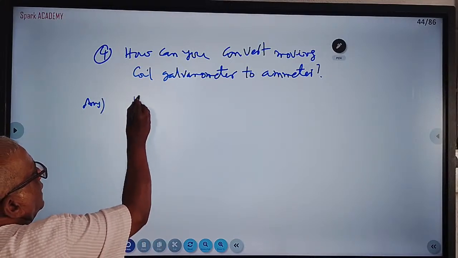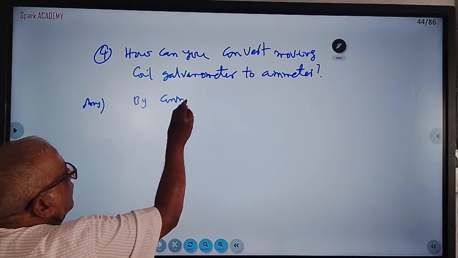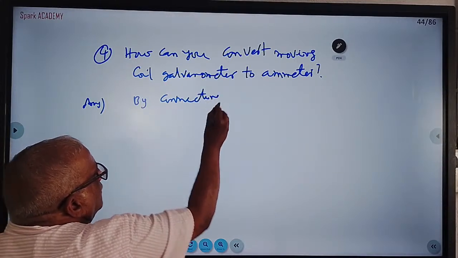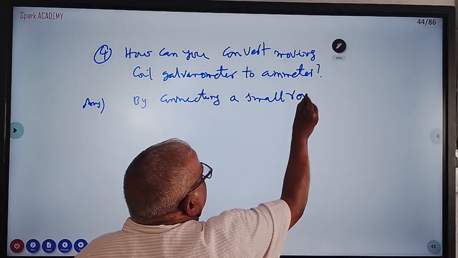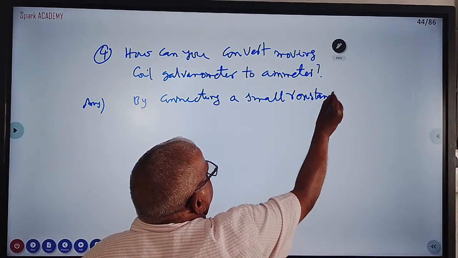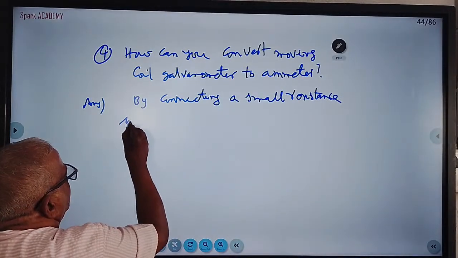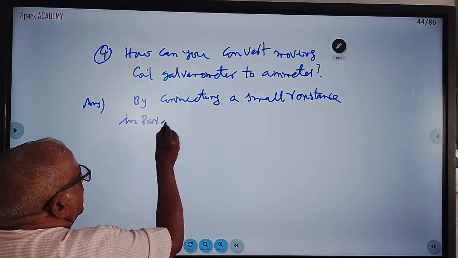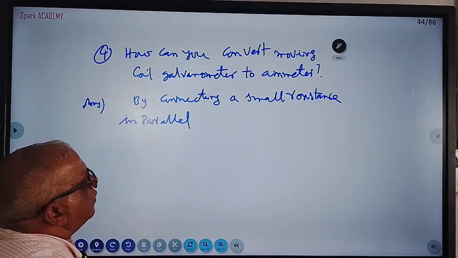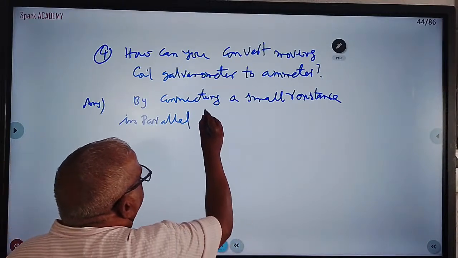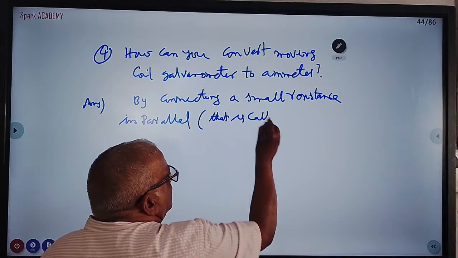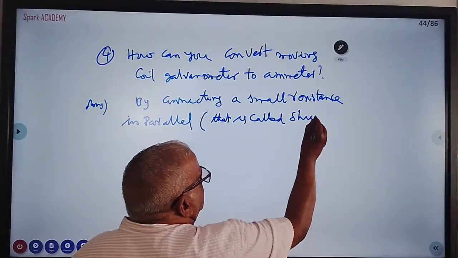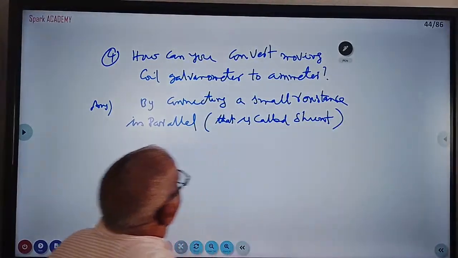Answer: by connecting a very small resistance in parallel, that is called a shunt. Shunt means a small resistance connected in parallel.